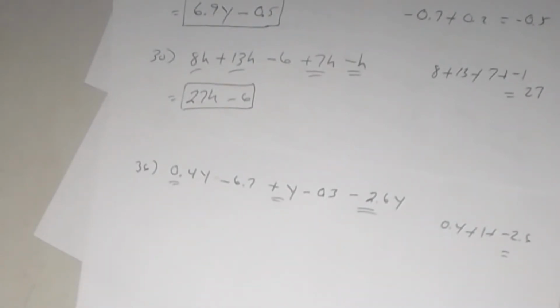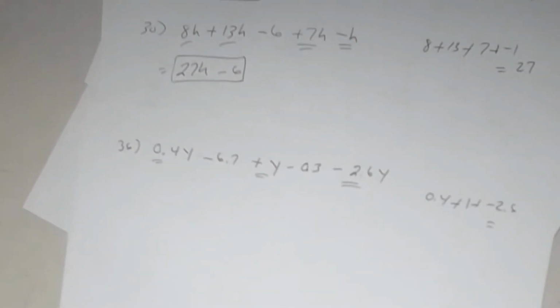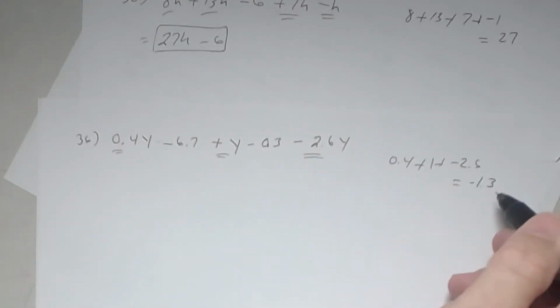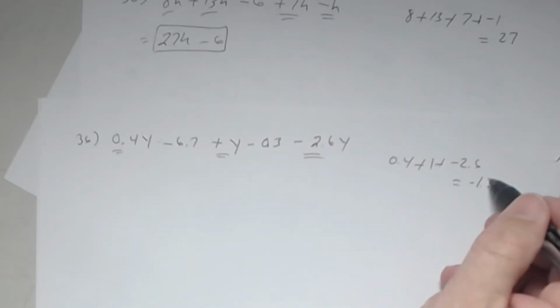What does that give you? Negative 1.2. Is that what you got? I got a negative 1.2, right? Okay.